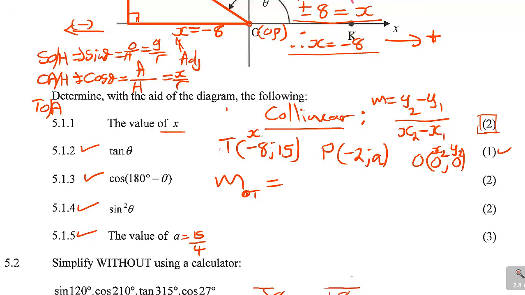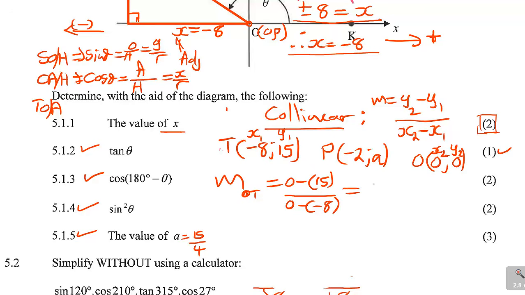This will become my X1 and my Y1. So Y2 will be 0 minus, it's Y2, remember, so it's 0 minus 15 actually, not minus 8 there. So it's 0 minus 15 over 0 minus 8.